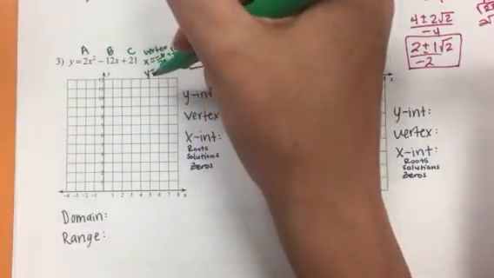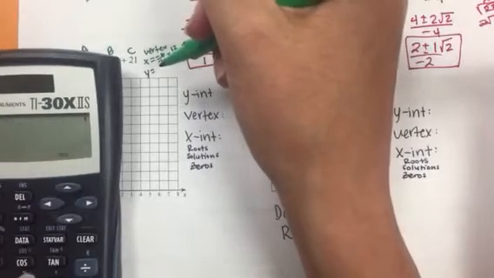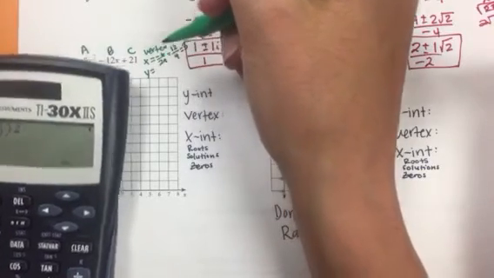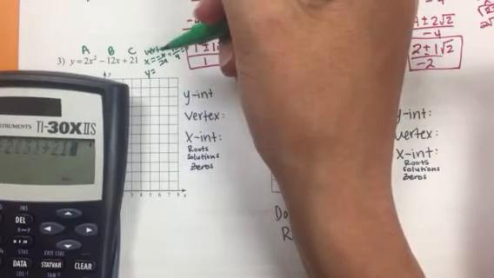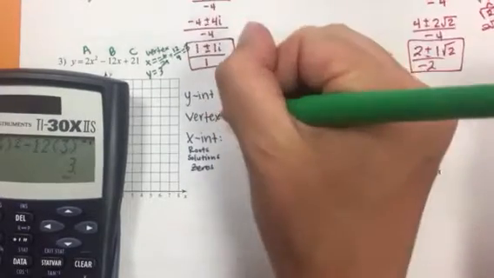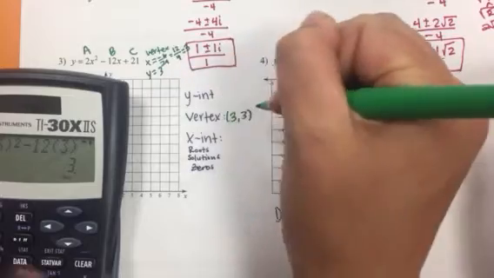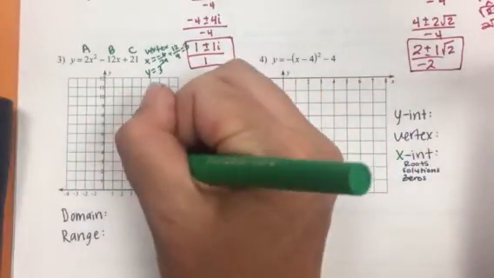Y equals, I plug the 3 in. 2 times 3 squared minus 12 times 3 plus 21 equals 3. That's nice. 3, 3. Over 3 up 3.